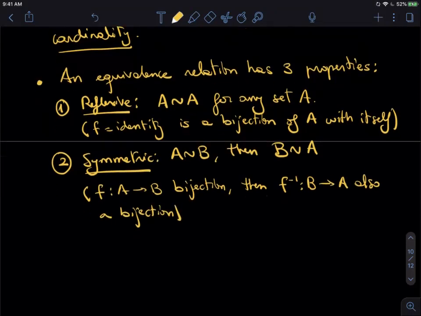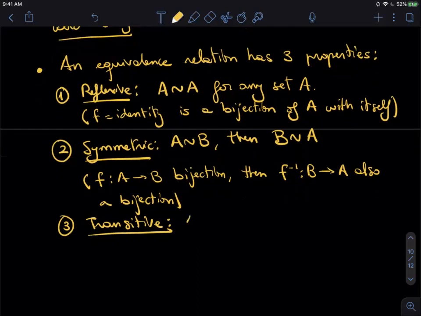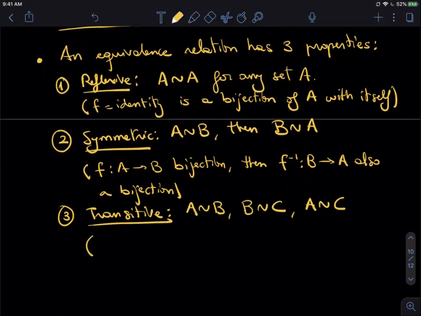And this is also a bijection. And then the third property is called the transitive property. This one says that if A is related to B and B is related to C, guess what? A is related or equivalent to C. Here this boils down to the fact that the composition of bijections is a bijection.